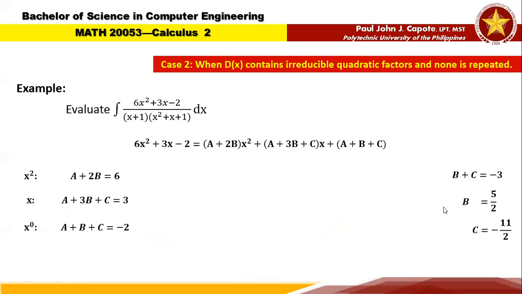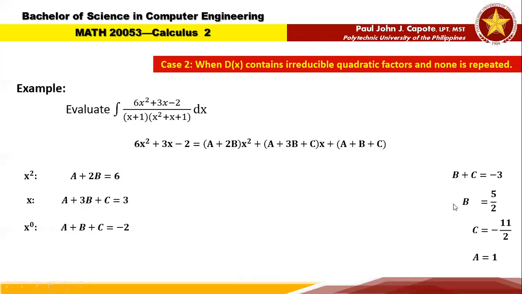Now having these values of constant B and constant C, we can solve for the remaining constant, A. But actually, we can substitute these 5/2, which is the value of B, and -11/2, which is the value of C, to any of these equations. I'm 100% confident that if we substitute this 5/2 and -11/2 to the first equation, the answer is equal to 1.